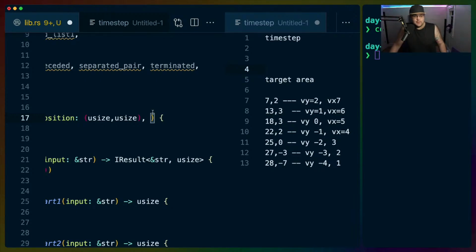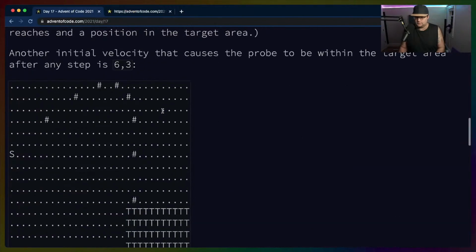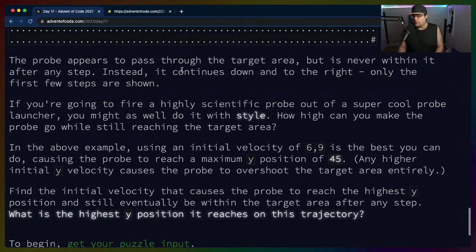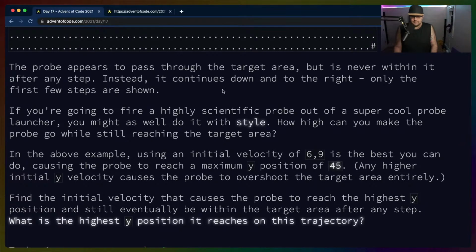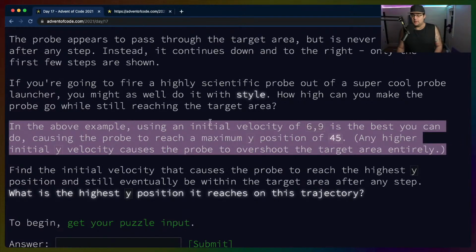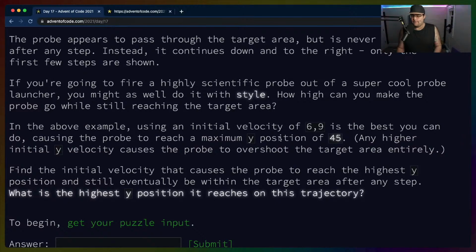I haven't read one for part 2, read the one for part 1. Read what for part 1? Oh, the math stuff. Yeah. We have to try to reach the highest position. Yeah.